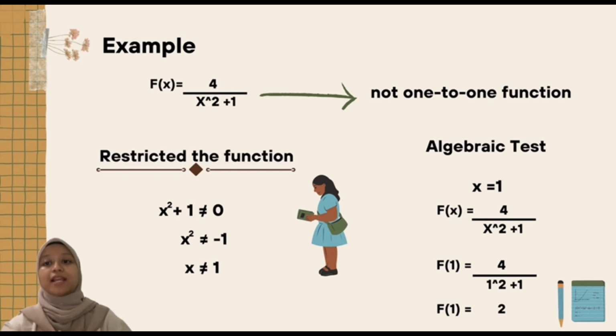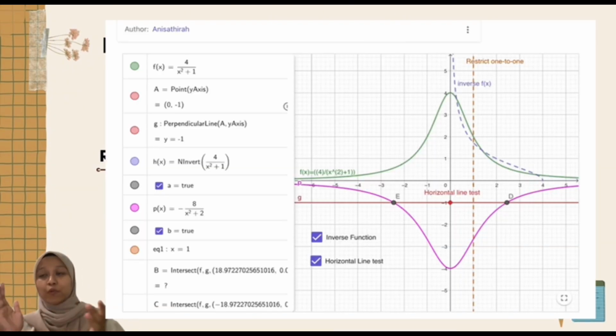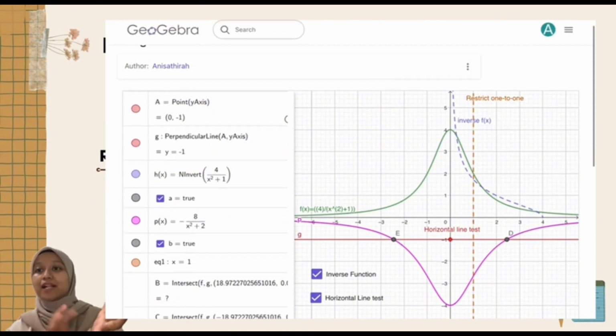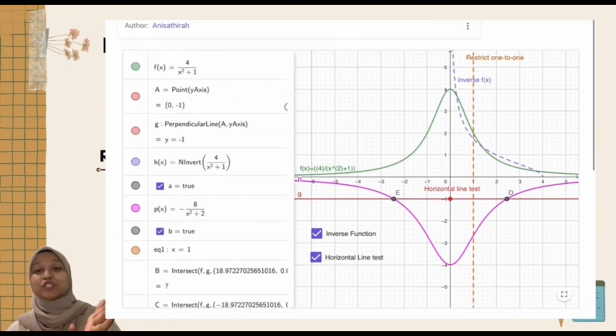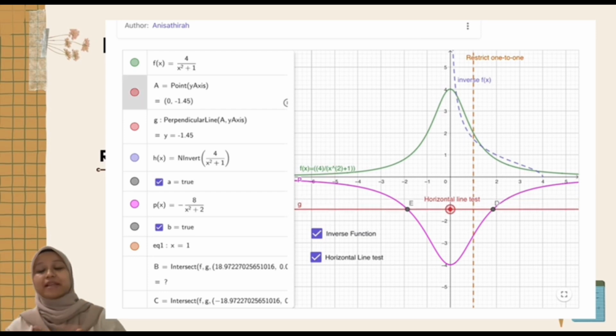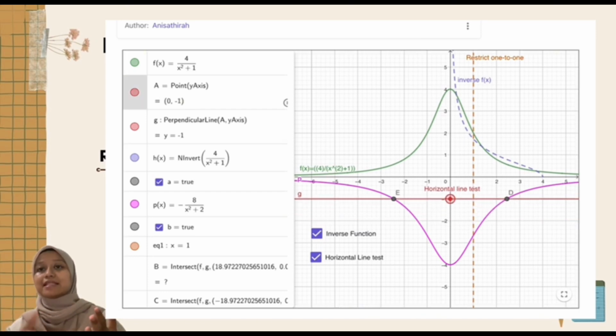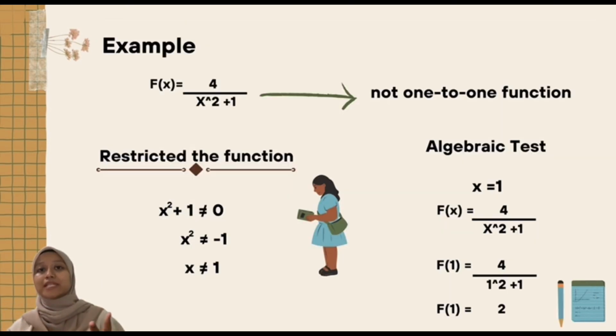For this session, I will show you an example of a function that is not one-to-one in algebraic calculation and also in the graphical test in GeoGebra. As I have mentioned before, in the last concept, the equation needs to be restricted to form a one-to-one function, so we need to use completing the square.